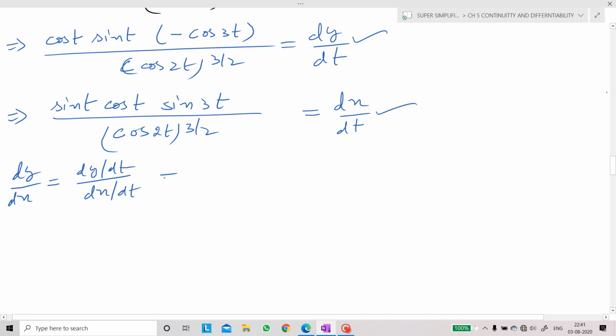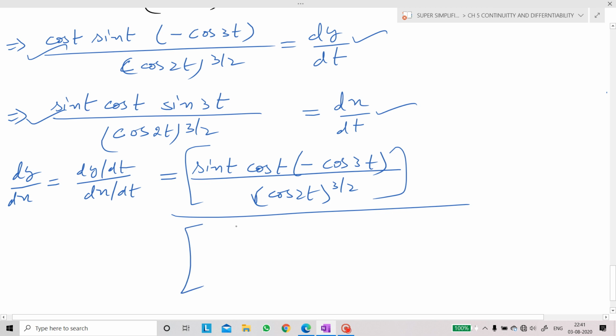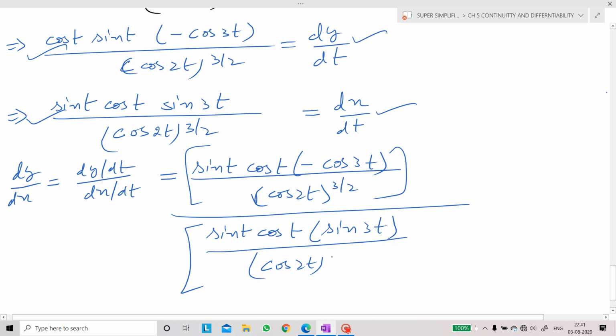So we divide this expression by this expression, sin t cos t minus cos 3t upon cos 2t raised to the power 3 by 2, whole this divided by the expression for dx by dt, which is sin t cos t sin 3t, whole divided by cos 2t raised to the power 3 by 2.